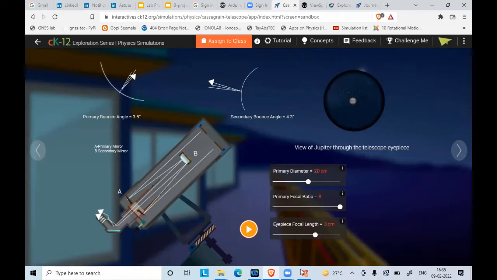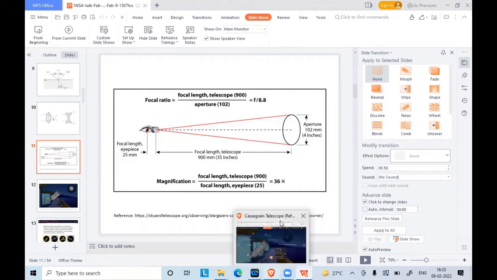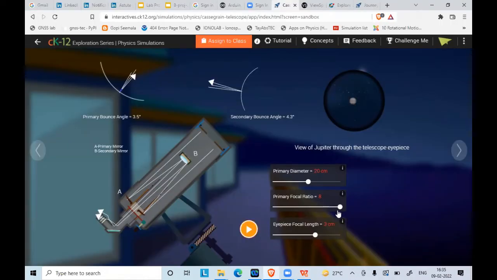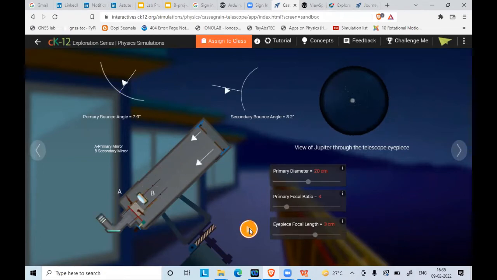Here again I'll go back to the definition of the focal ratio, which is the focal length of the telescope upon the aperture. The aperture is constant, so the focal length of the telescope is getting changed.